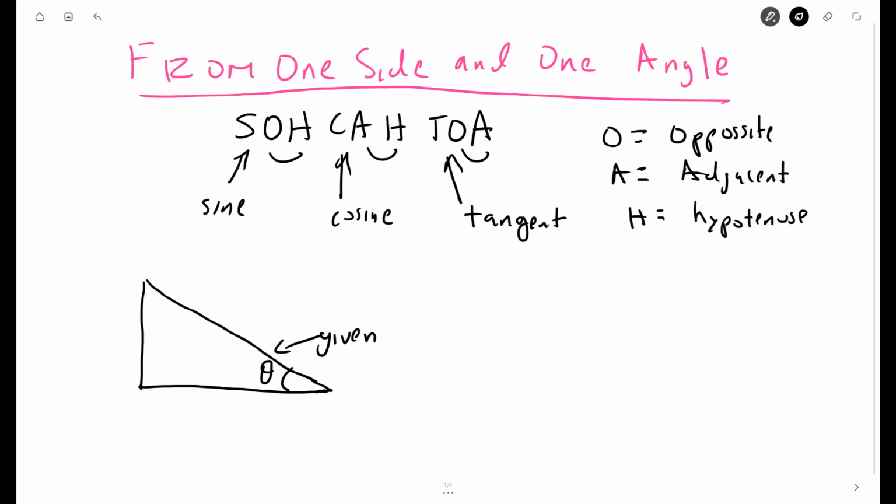The one next to it will be your A for adjacent. Your bigger side will be your hypotenuse. And your opposite side will be your opposite.